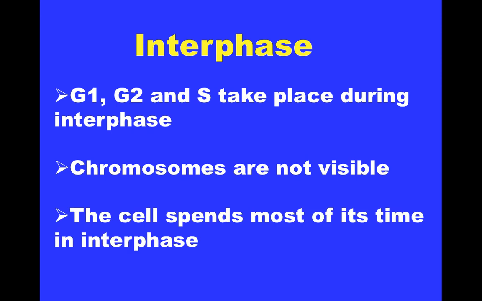The cell spends most of its time in interphase. So you remember we drew that cell cycle. You remember that the 4th part of the cell cycle, the one that's missing here, which one is that? It takes up a very small fraction of the total cycle that we looked at. Which one is the one that's missing?